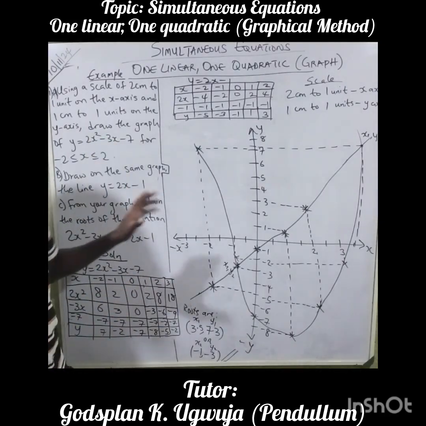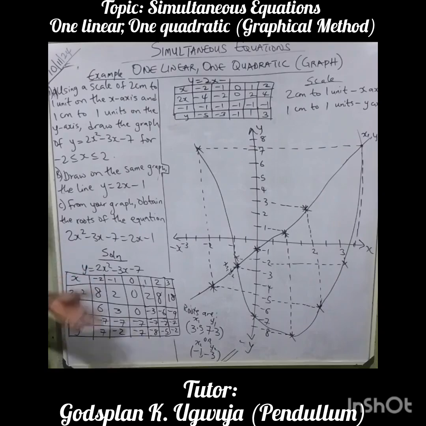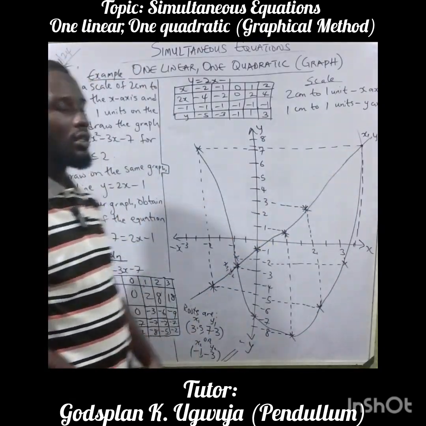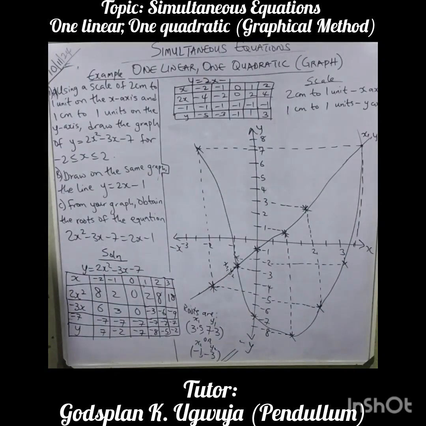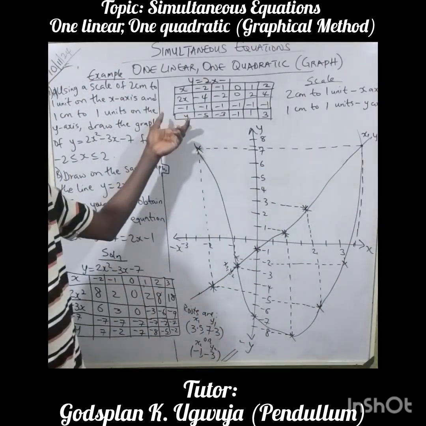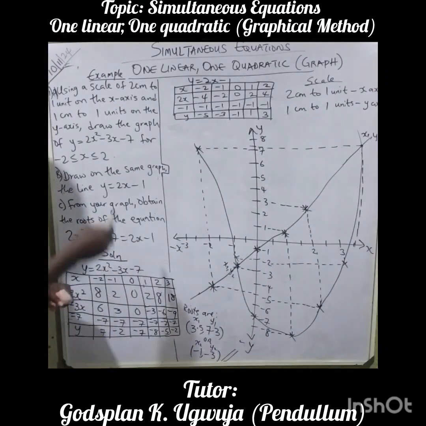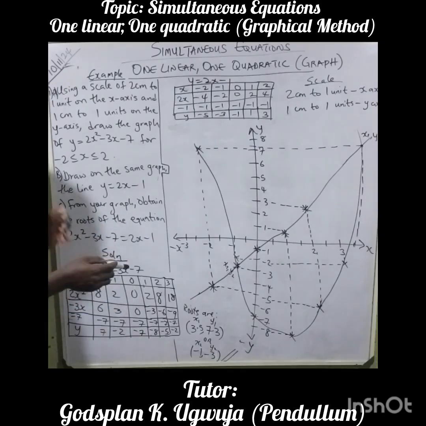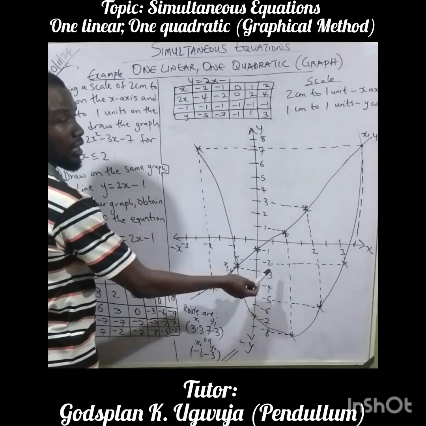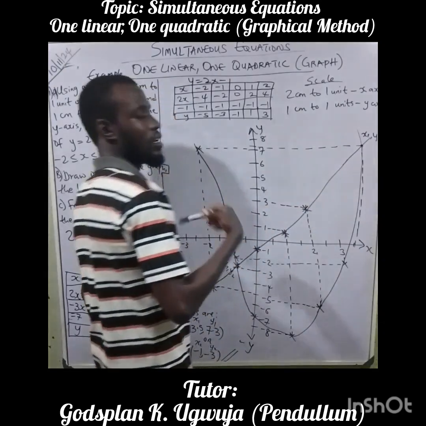So basically when you're given something like this, one linear, one quadratic, just create your table and plot the curve, that's the quadratic part, and then create your table and plot the straight line graph. Where the line and the curve meet, you trace the point to x, then to y.